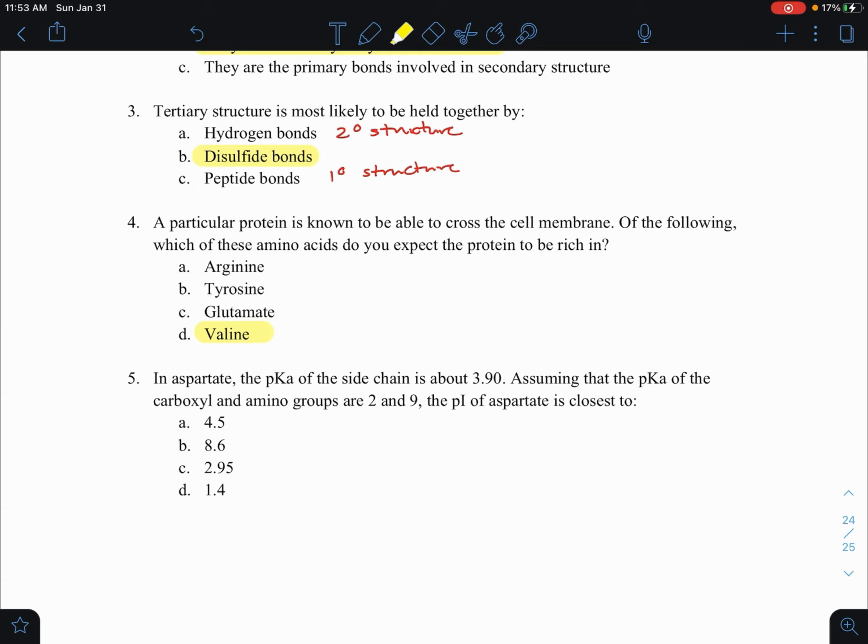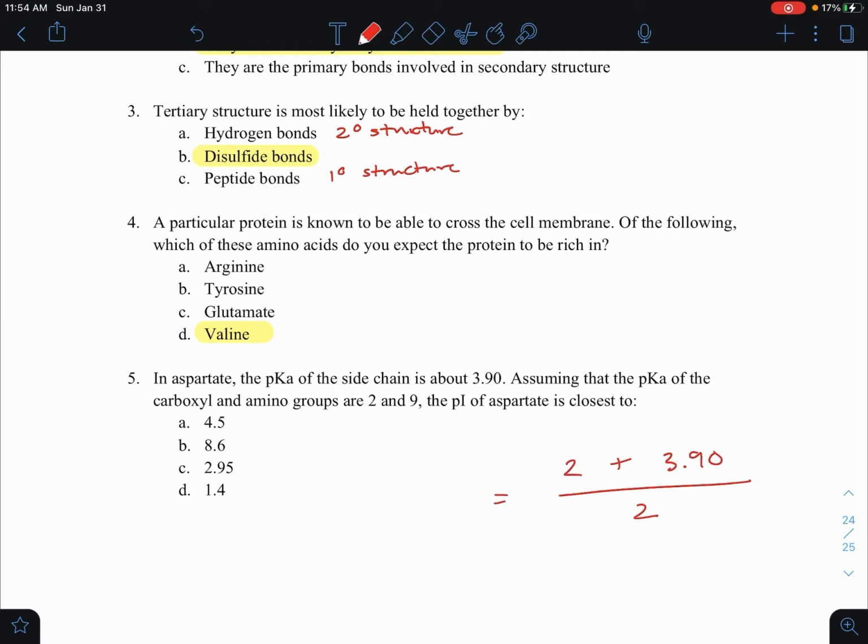And then number 5, in aspartate, the pKa of the side chain is about 3.90. Assuming that the pKa of the carboxylic and the amino groups are 2 and 9, the pI of aspartate is closest to. So this is another equation where we would use our carboxylic pKa plus the pKa of the R group and then divide it by 2.